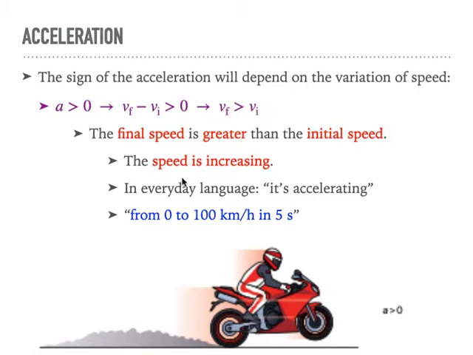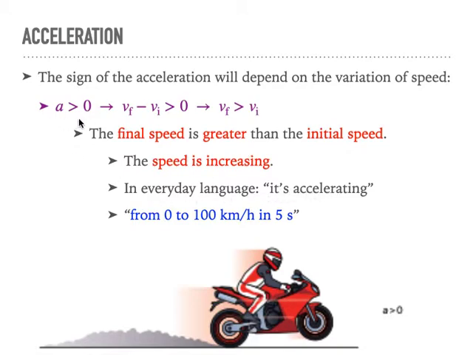That's what it means. And so the meaning of this, okay, you say this is the formula, yes, but what it means is that we start with a velocity, with a speed, and it's going to be greater and greater. So it's going to increase. The speed is increasing, is becoming bigger every time. In everyday language, it's accelerating.